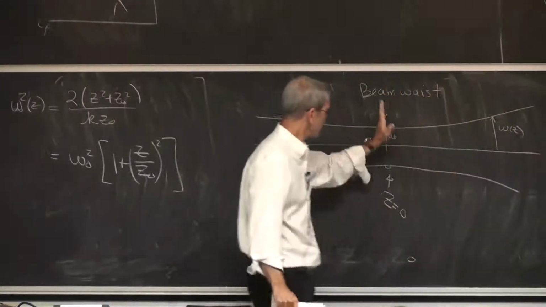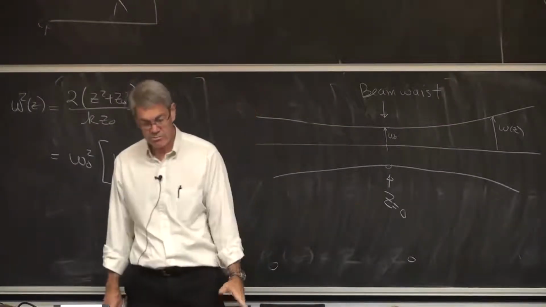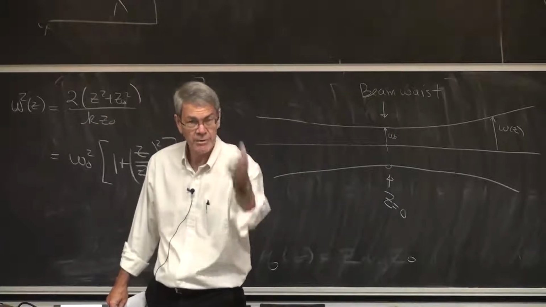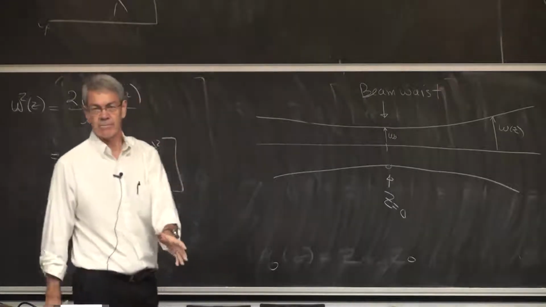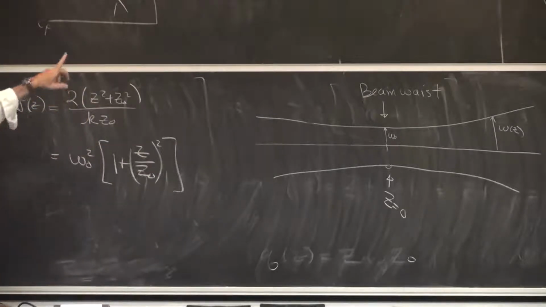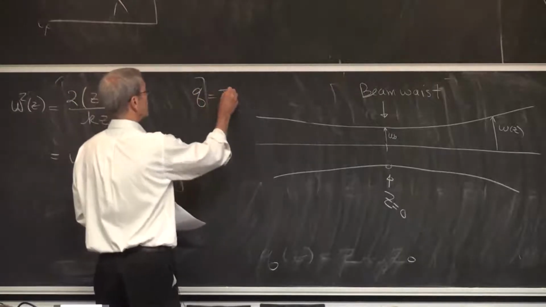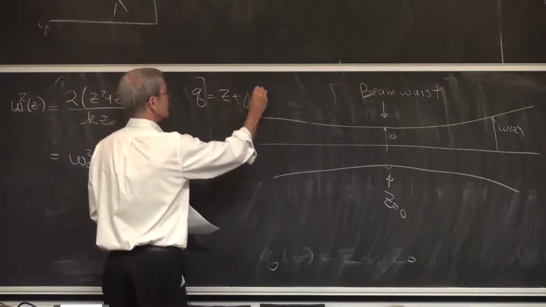And so the beam waist is where we define z equals 0. Where was z equals 0? It's where the beam has reached its minimum. That is defined as 0, and from that, we march on out. So now from this q parameter, we've learned q equals z plus j z naught.